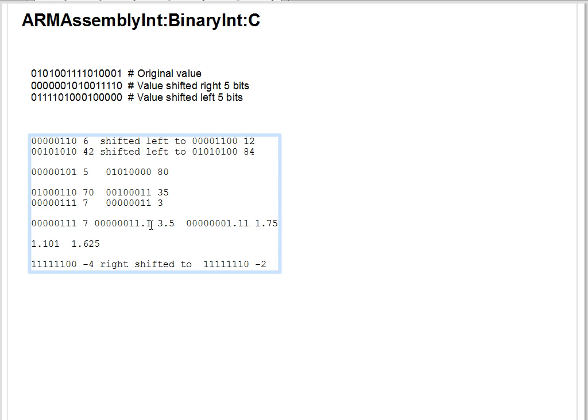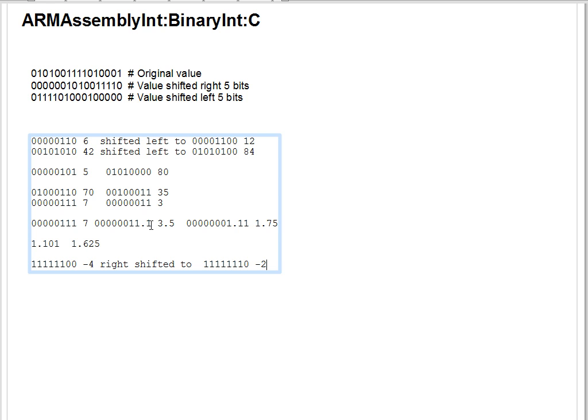So in order to preserve the mathematical effect of division by 2 when right shifting a signed value, we have to use sign extension, which means we fill in on the left with whatever the MSB is. And in particular, when we right shift a negative signed value, we fill in on the left with 1s.